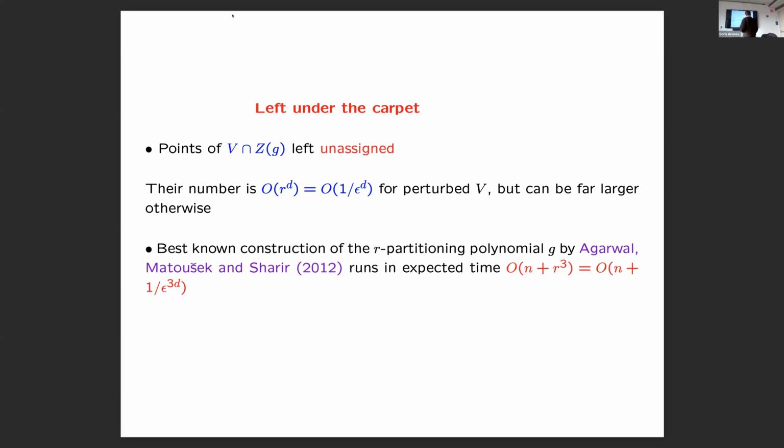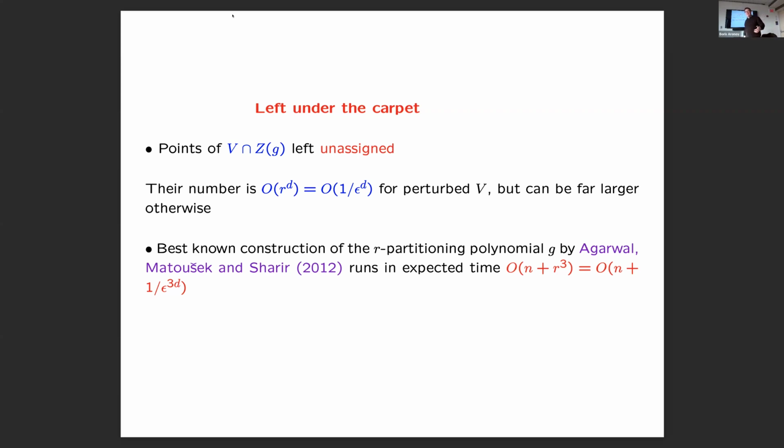And a related question is that your partitioning polynomial, your R, depends on epsilon. And the best known construction of this polynomial runs in this time, so your running time is maybe quite considerable.